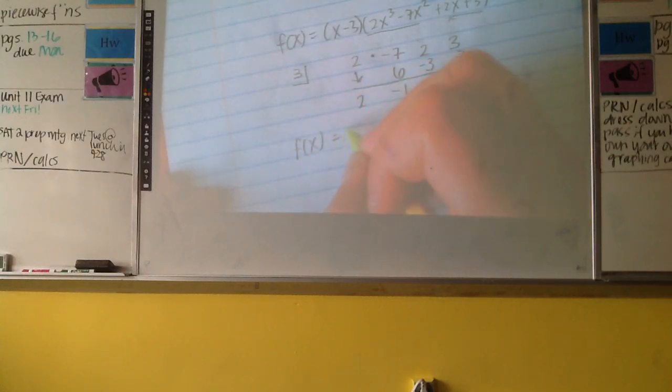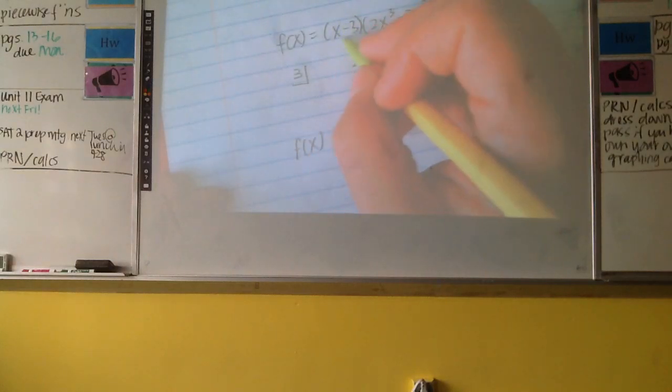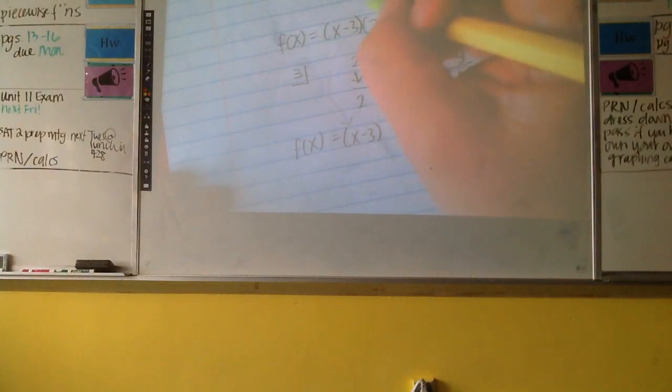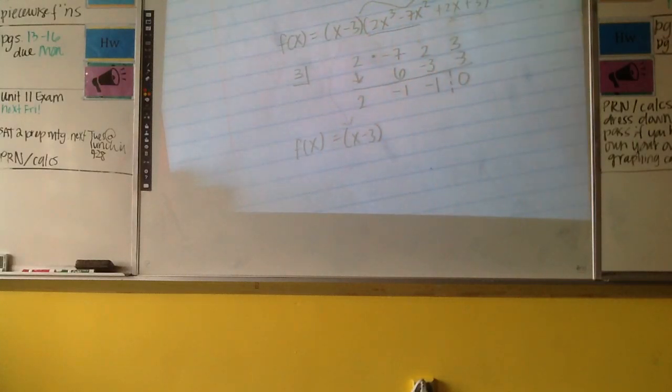So we have x minus 3. We're just bringing it down. We're rewriting this whole business as x minus 3. That's coming from our factor. Times, I don't know. This is my remainder. Here's my constant. This is negative 1x. This is 2x squared. So that means 2x squared minus x minus 1.